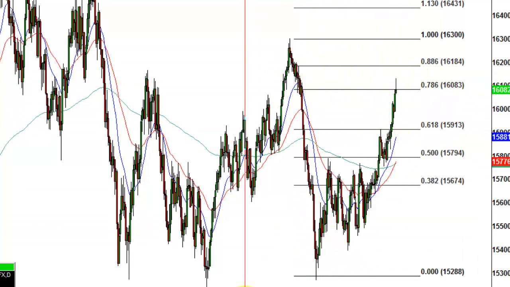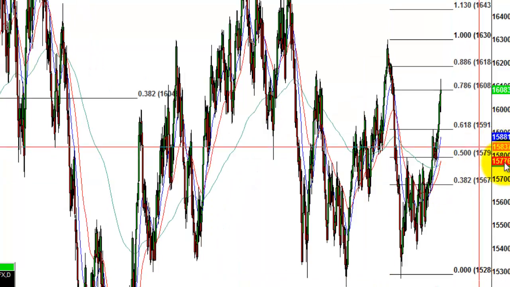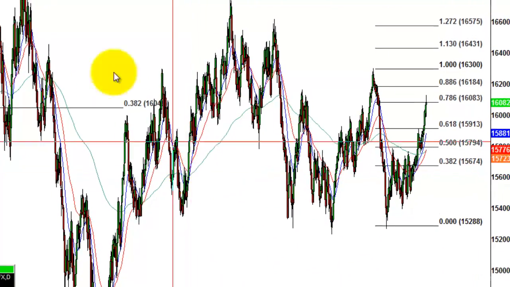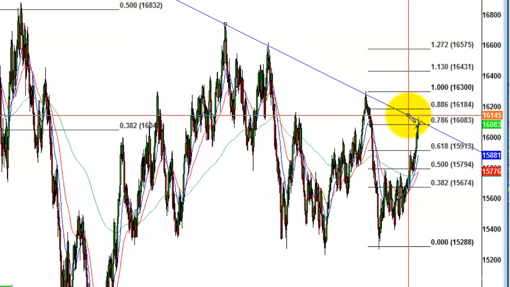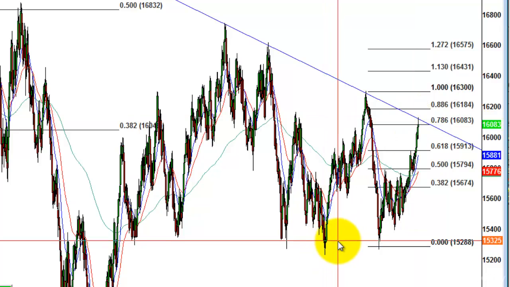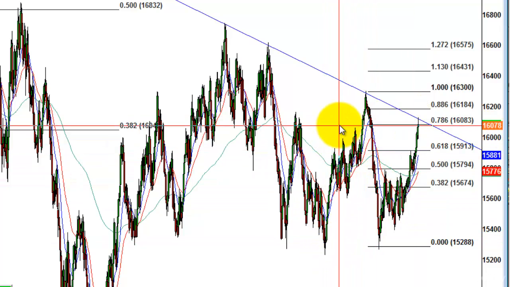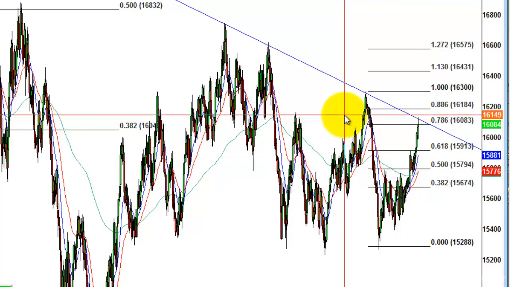But we wouldn't want to enter this short just based on this. We want to look for other evidence as we build up our picture. Are we corresponding with a trend line like we were with the Kiwi? Yes, we are. Do we have a horizontal level, which we didn't have with the Kiwi? We do have a soft level here.